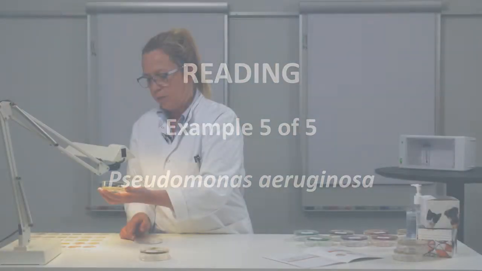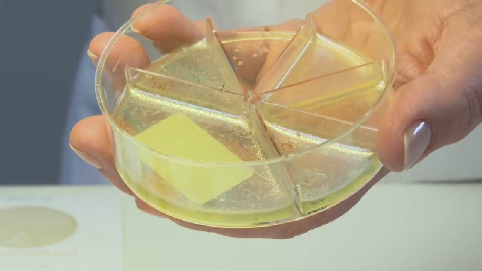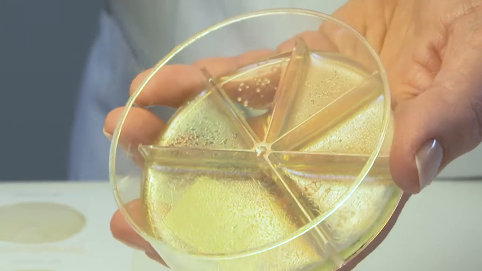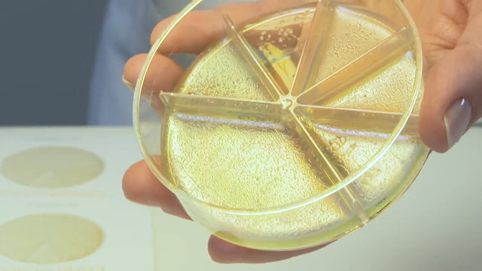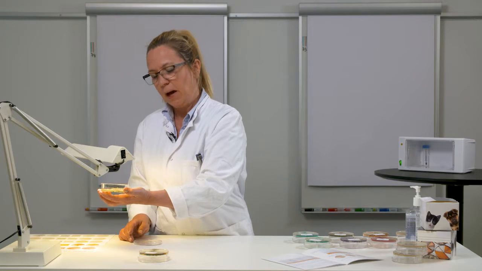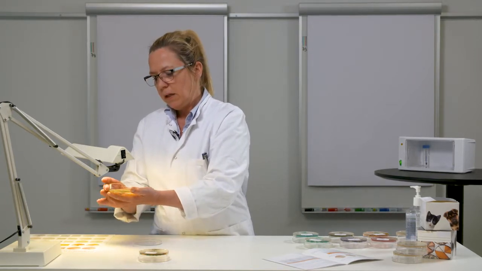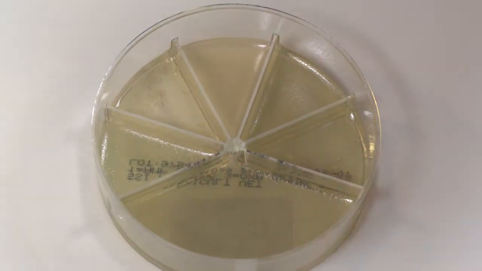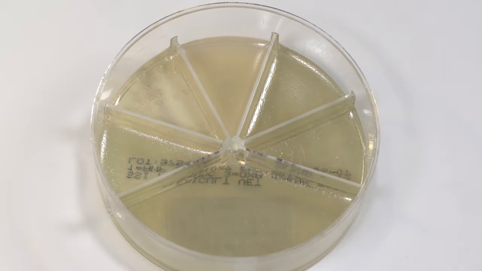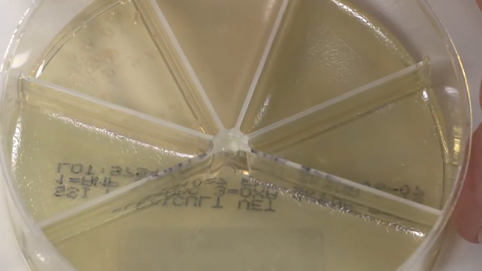These bacteria grow with large greyish-white colonies. Furthermore, there is a metallic sheen to this plate, which is very typical for the bacteria on my plate, which is a Pseudomonas aeruginosa. Furthermore, the agar gives off a sweet smell, which is very typical of Pseudomonas aeruginosa. The reading shows that there isn't a high degree of sensitivity in these bacteria, as there is growth in many of the antibiotics compartments.